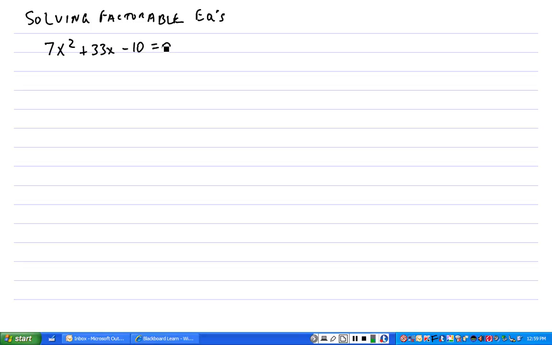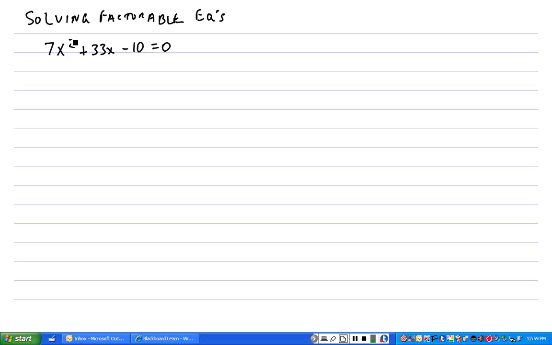Alright, so if I just took off the equals 0 part, this would be just like the problems that you would have dealt with in the section on factoring trinomials. So this is no different. We have a trinomial here and we see that it's a quadratic.